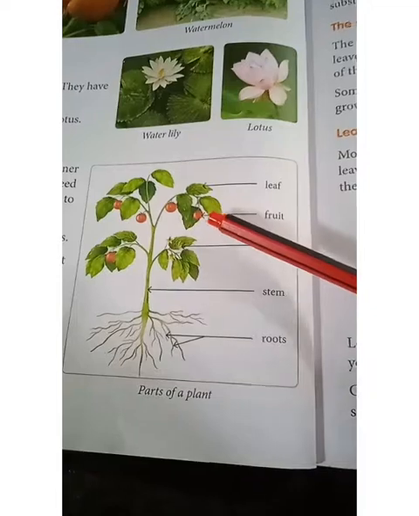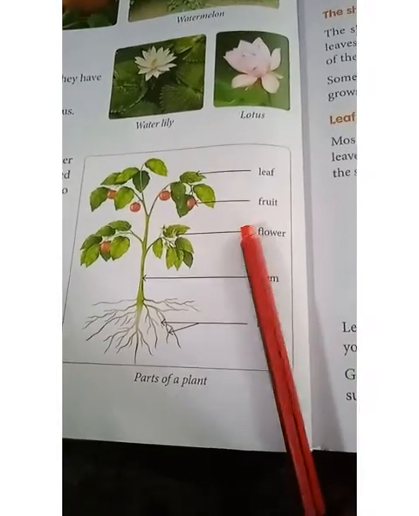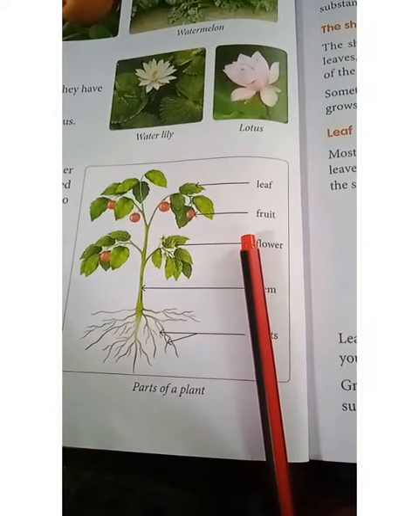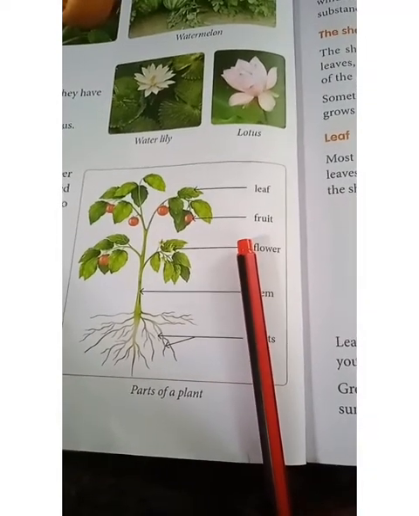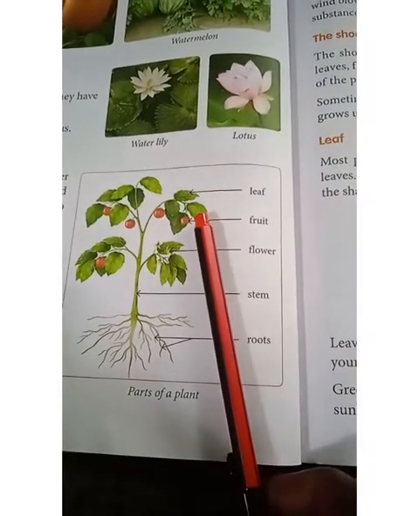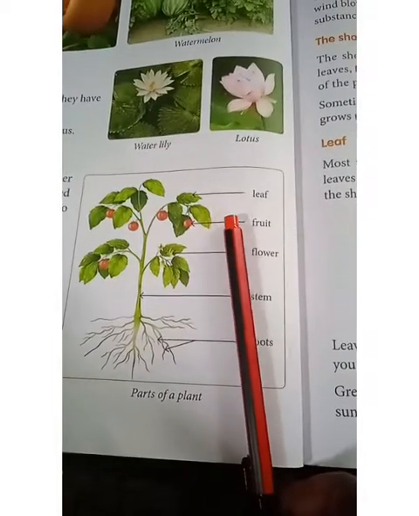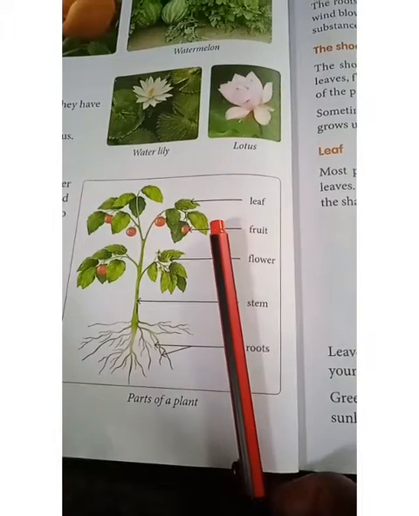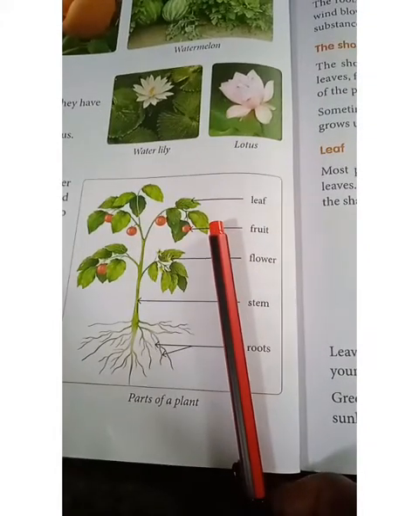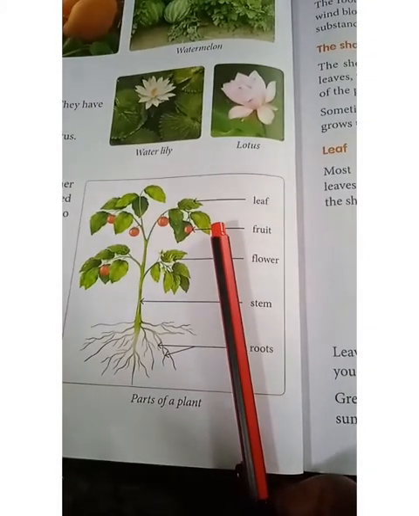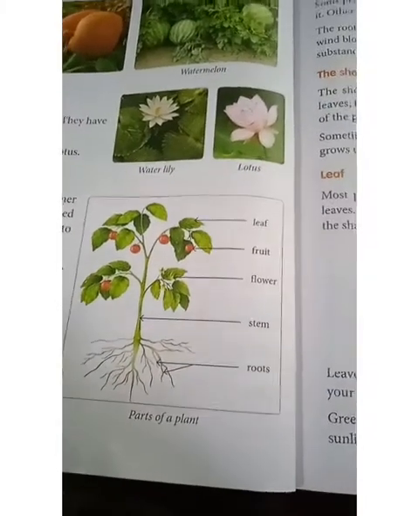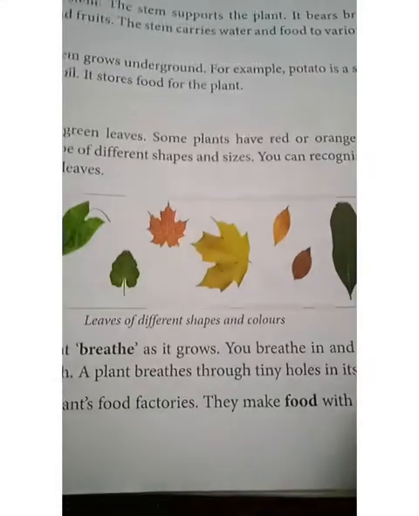The plants have green leaves, but some plants have colored leaves. Leaves can be different shapes and sizes, different colors also. All of you see this picture.